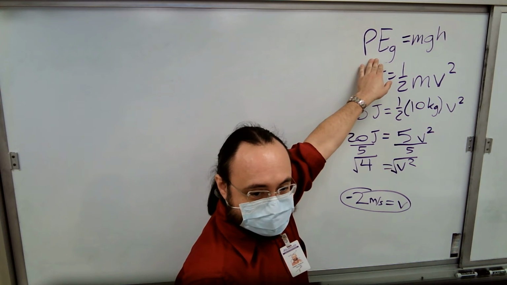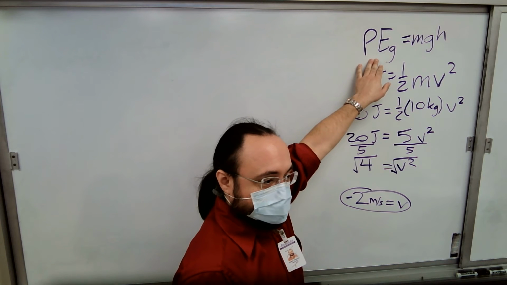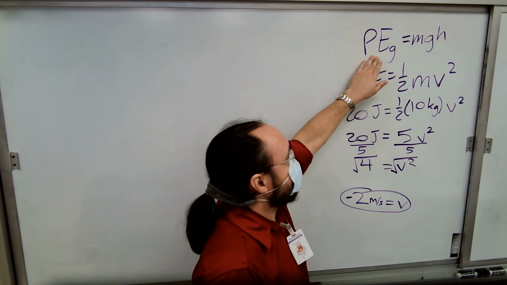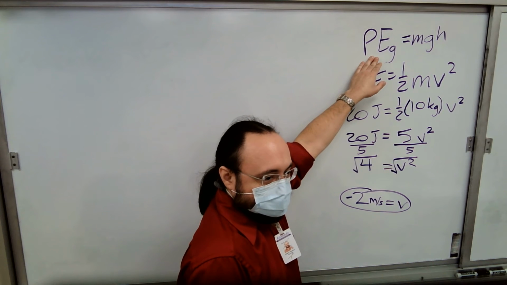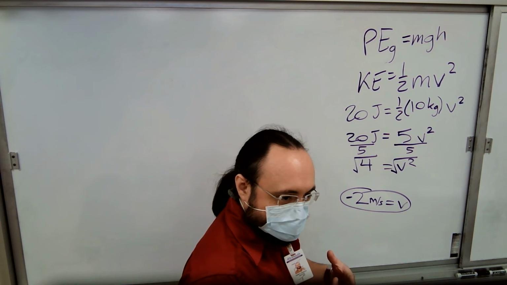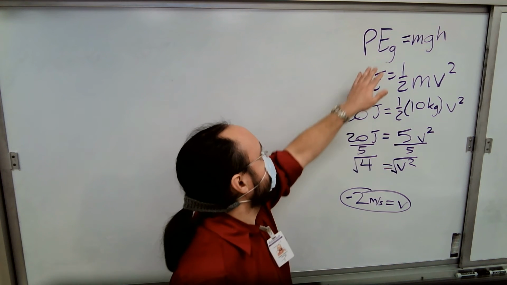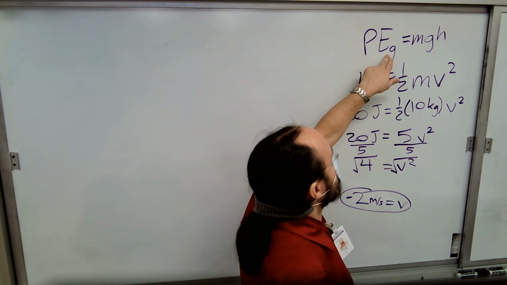Remember this always has to be positive. You can't have negative energy because it doesn't make sense to say, I have 5 joules in the down direction. That's just how many units of energy you have. That's gravitational potential energy.